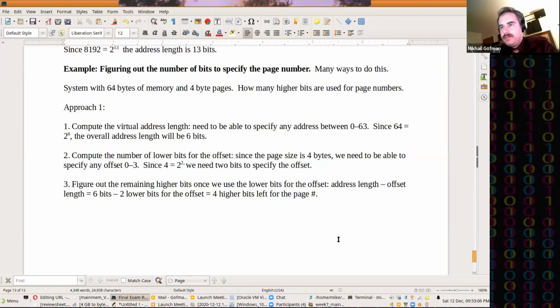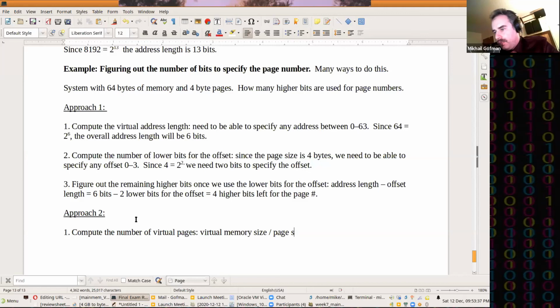something like that. Okay, and there is another approach. So approach 2: compute the number of virtual pages. And we can easily do that by doing virtual memory size divided by page size.